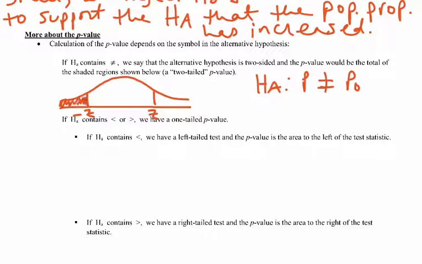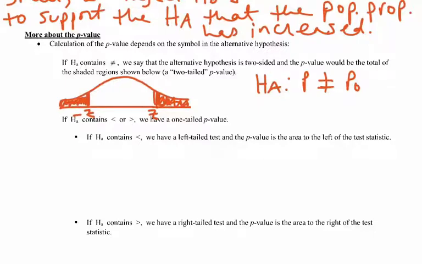The p-value that gets calculated is the sum of these two shaded tail areas. The p-value, remember, is the probability. Those are the shaded areas.